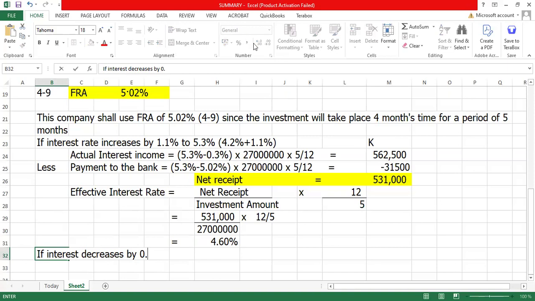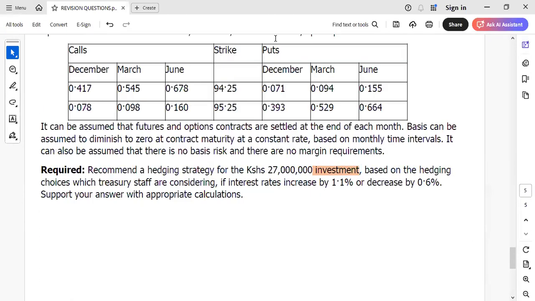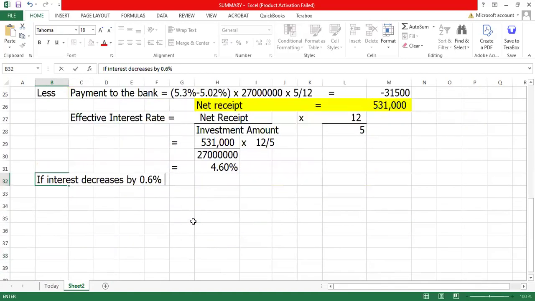If the rate decreases by 0.6, what will be the new rate from 4.2? From 4.2, you will go to what? If the rate decreases by 0.6%, you have your central bank rate at what?